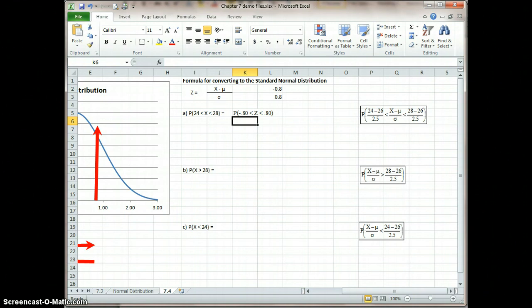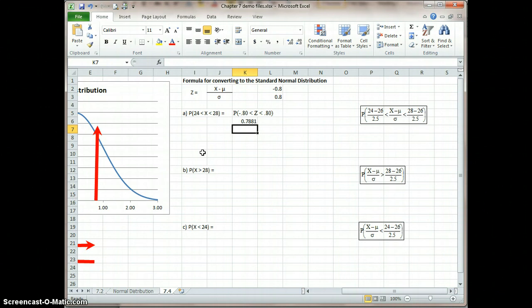We're going to go to 0.8, and the value for 0.8 is 0.7881. If you look at the top of that normal distribution, it goes to positive 0.8 standard deviations, and it gives you the probability of everything from there to the left.